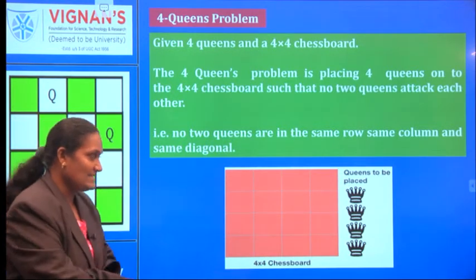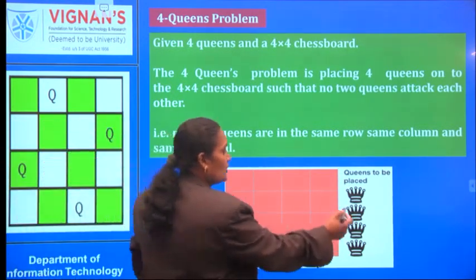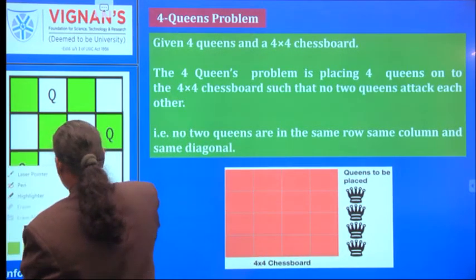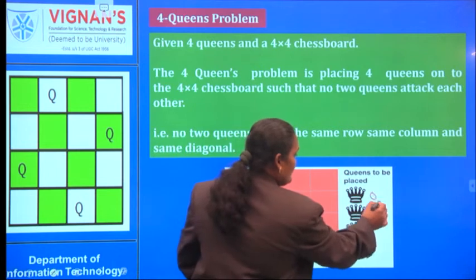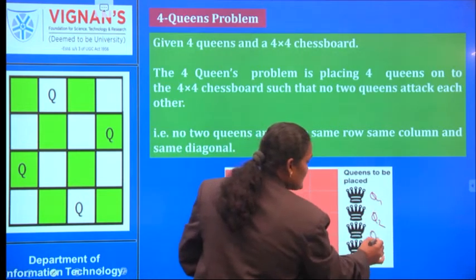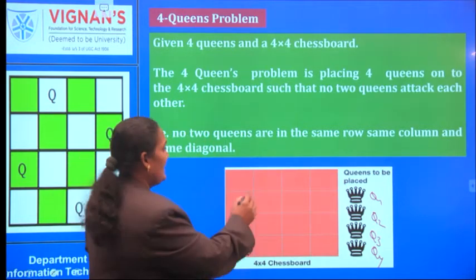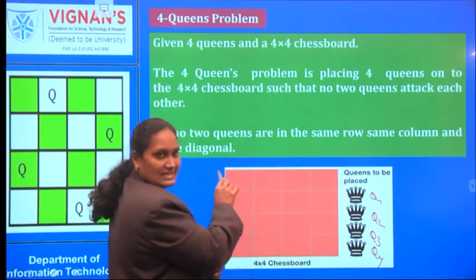You can see here we are given 4 queens. This is queen 1, this is queen 2, this is queen 3 and this is queen 4. We are given 4 queens and a 4x4 chessboard.